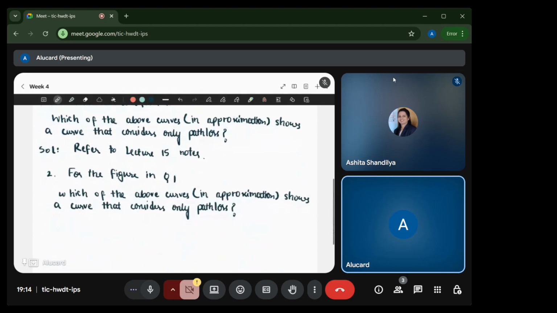So in question 2, they ask which of the curves contains only path loss and shadowing, which is the large scale effect, but not small scale fading.